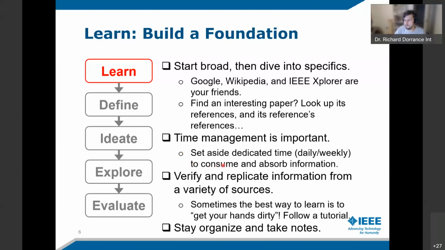I say information because it doesn't need to be technical papers from the IEEE or some other journal. It can honestly be YouTube videos, textbooks, attending lectures, other things. Just some way to increase that knowledge base.